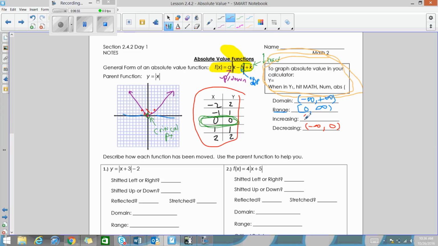And then it increases from 0 to positive infinity. Perfect. And again, increasing, decreasing, you always use parentheses. You cannot use brackets because at 0, at a critical point, it's neither increasing nor decreasing. It's stopped. So you got to remember that. So today with absolute value, you will have both increasing and decreasing, unlike the last 2 days.